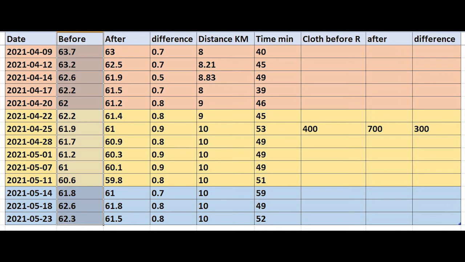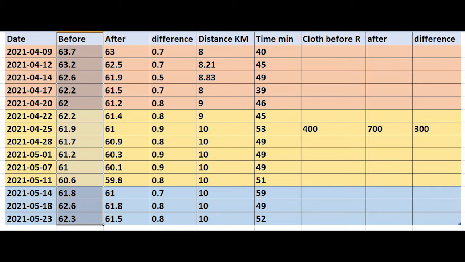I changed it to run the same distance or probably a little bit more, as you can see, 9 kilometers and 10 kilometers in 45 minutes. But this was at the same speed, so I ran at the same speed in the yellow period. At the beginning the weight difference wasn't less, it was more, and in the training pass after, you can notice it was much better.